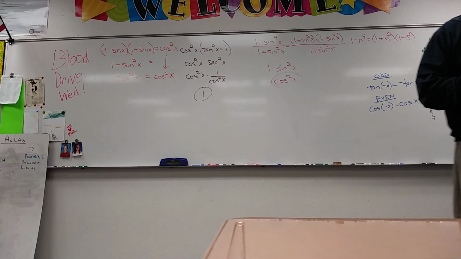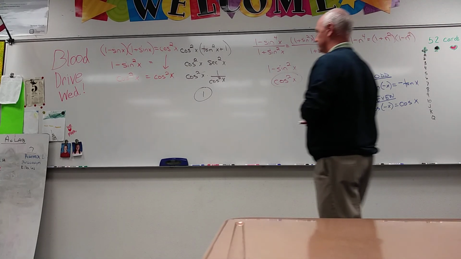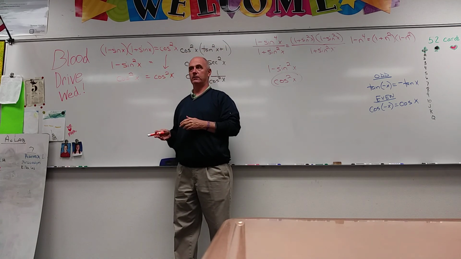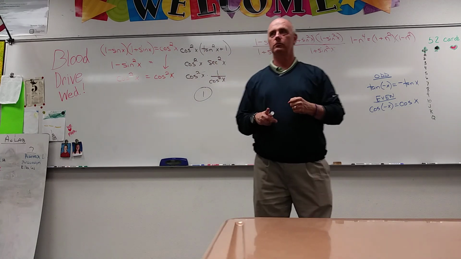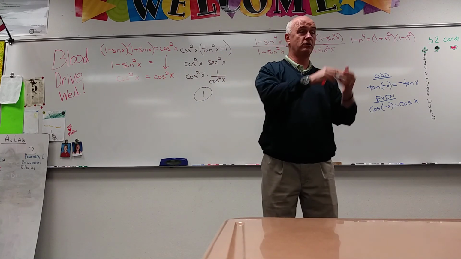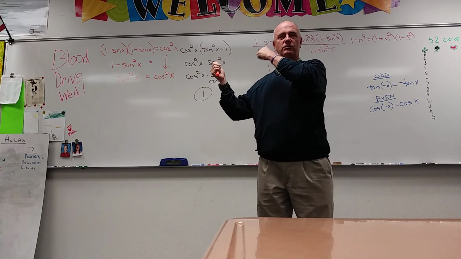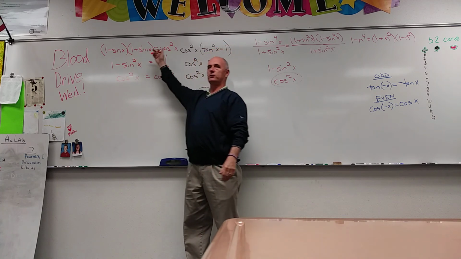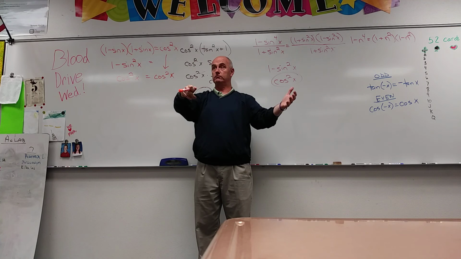Now, what is the answer to this problem? The answer is the process. You know how the last few days I've been saying to you, show your work, show your steps. This is why. Because in these problems, your answer is the steps.